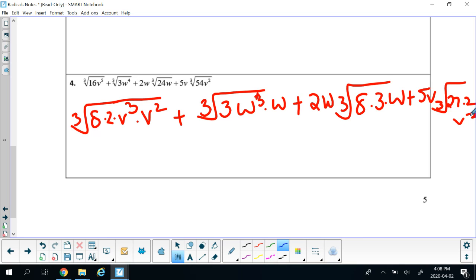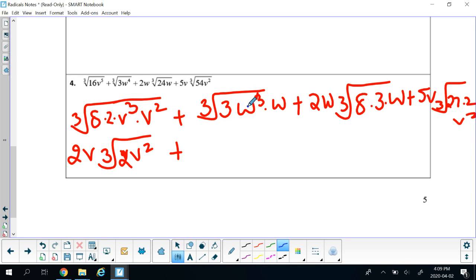Okay, let's simplify it. We know that cube root of 8 is 2, and this cube and cube root cancels out. So 2 and v goes outside, and inside this cube root, we have 2v squared. Okay.